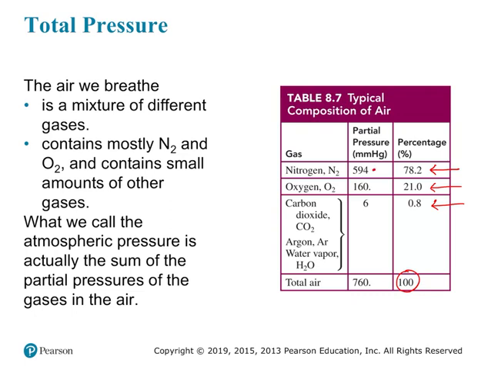The partial pressure of nitrogen in air is 594 millimeters of mercury. The partial pressure of oxygen in air is 160 millimeters of mercury. And the partial pressure of all of the other gases is 6 millimeters of mercury. If we add those together, we get 760 millimeters of mercury, which is equal to 1 atmosphere. So what we call atmospheric pressure is actually the sum of the partial pressures of all of the gases in air.